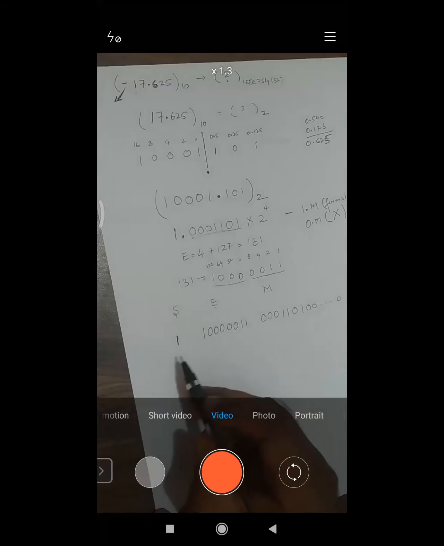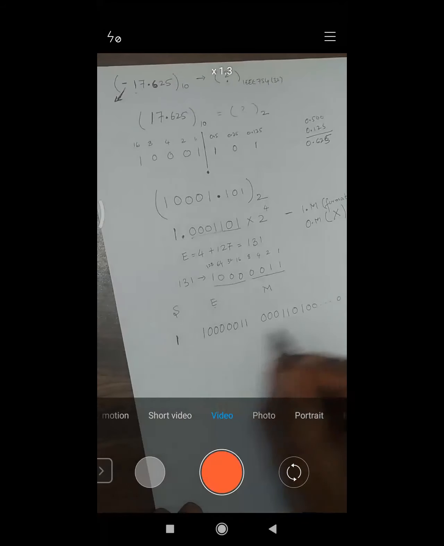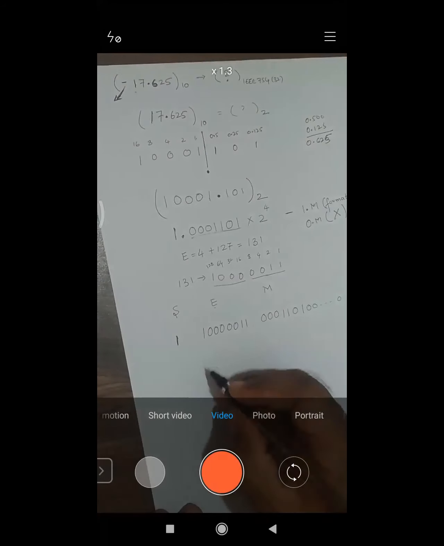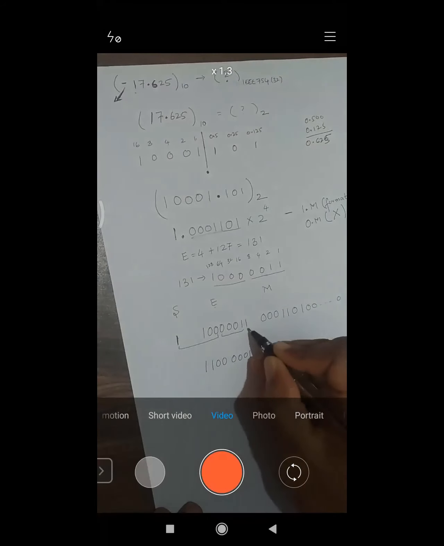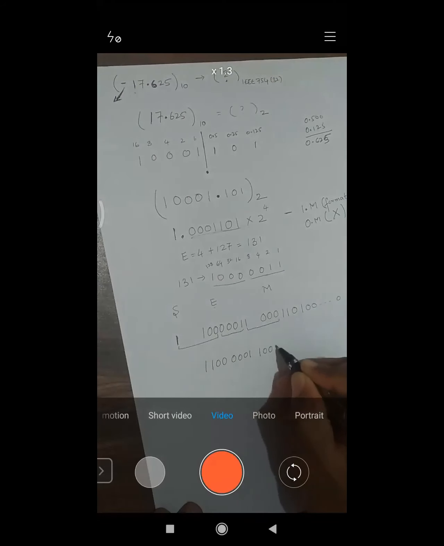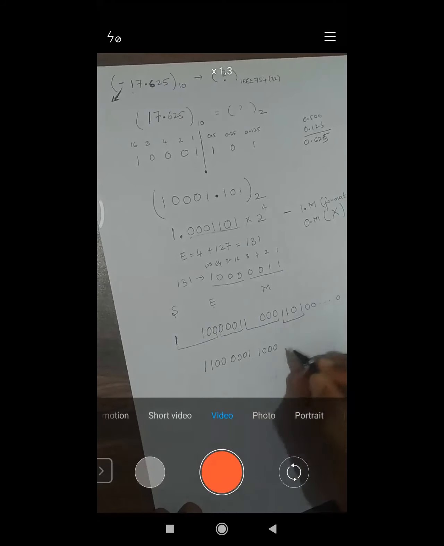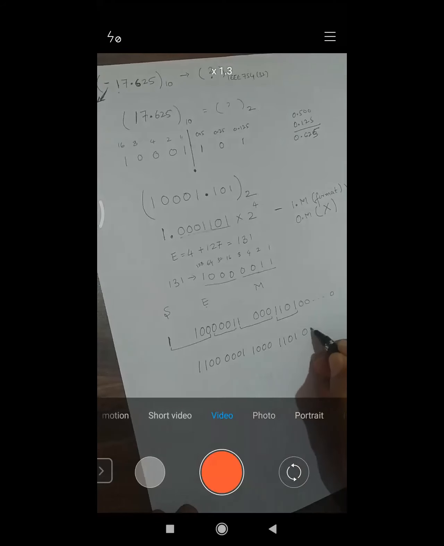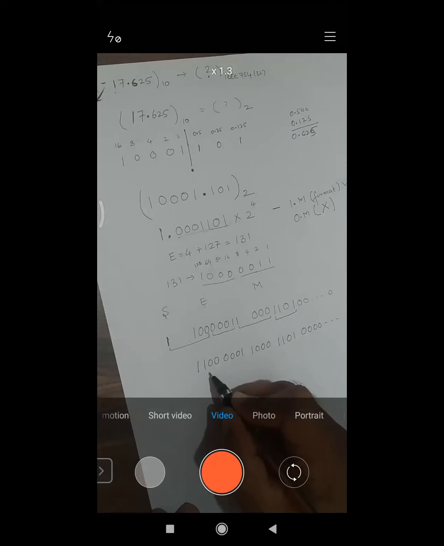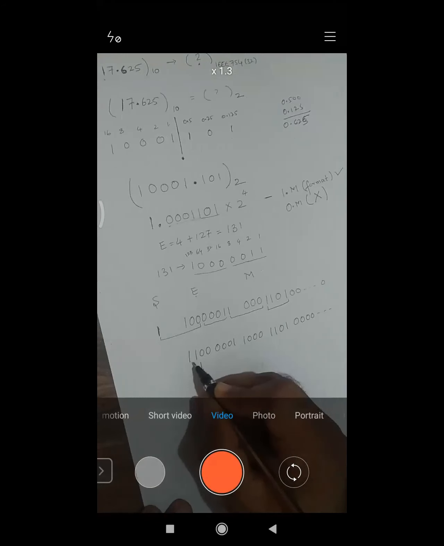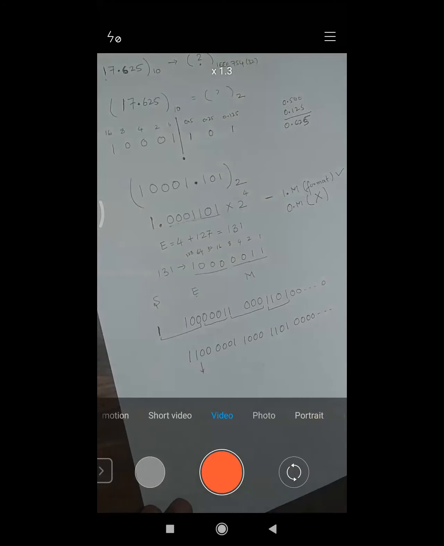If I want to convert into hexadecimal format, this is now binary, so I can club all together. It appears like this: 1100 0001 1000 1101, and the rest are all zeros. Putting it into hexadecimal, this is 8 plus 4, that is 12, and how to write 12 in hexadecimal?